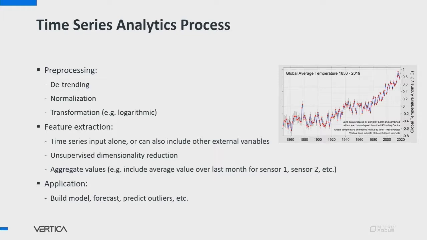So you can still capture the value from those, but have just two variables to plot or predict or forecast. Then you could also aggregate some values. For example, you could include the average value over the last month for sensor 1, sensor 2, and so on. In terms of applications, there are numerous that you could do after this. You could build a model, you could forecast, you could predict outliers. Essentially a lot of use cases that you could solve with this.